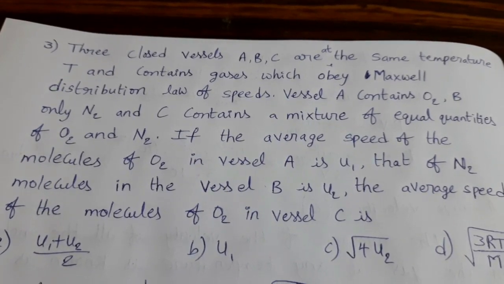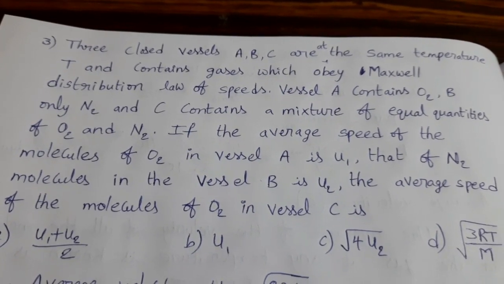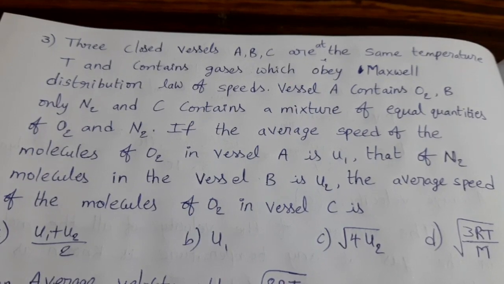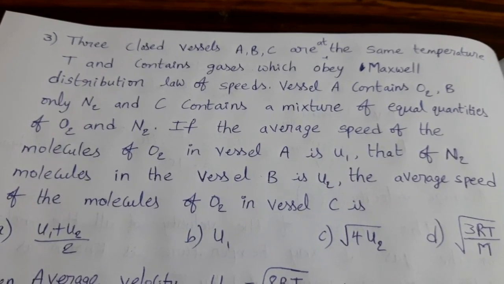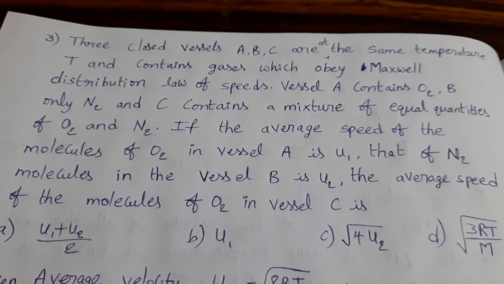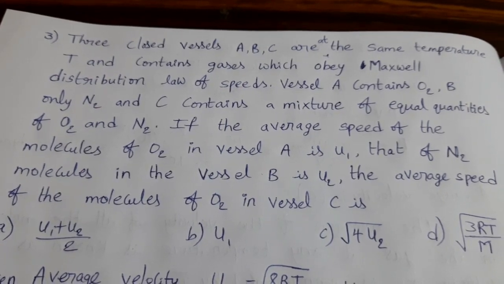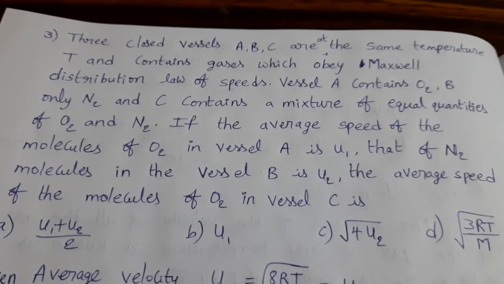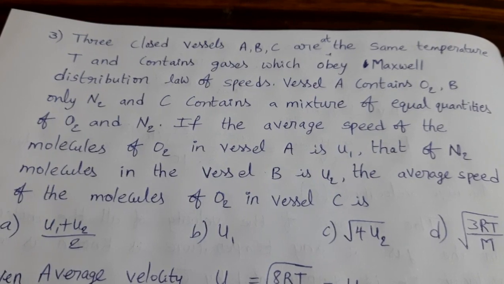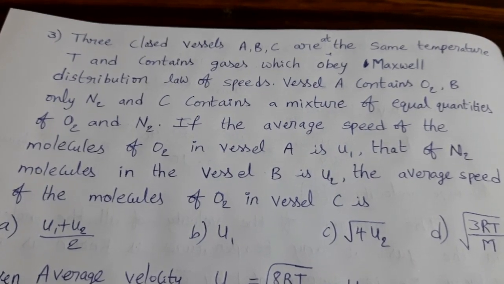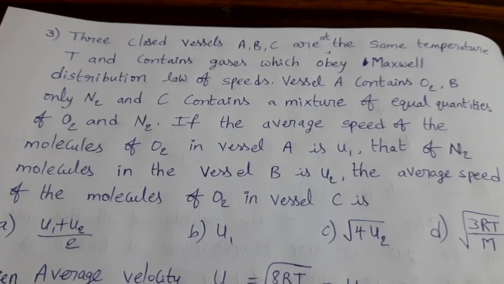In vessel B, nitrogen molecules are there, their average velocity is U2. Then we should find the average speed of oxygen molecules in vessel C. Actually, in vessel C, both oxygen and nitrogen molecules are there. In that, we want the average speed of the oxygen molecules.